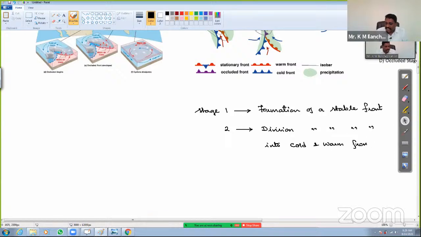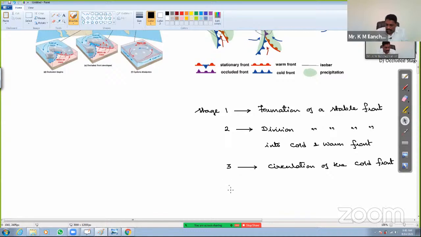This is the second stage. Now, what is the third stage? Circulation of the cold front, because I told you the warm front will not go for circulation.